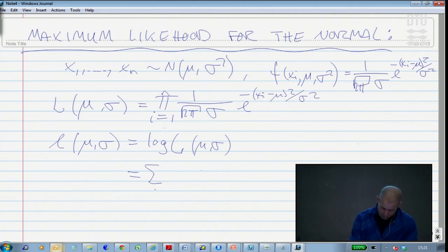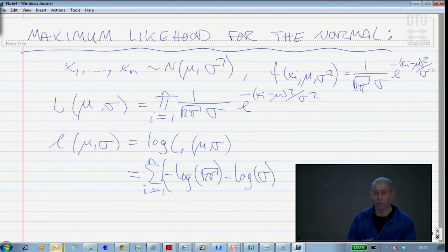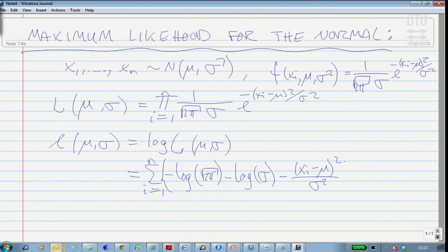It becomes the sum from i up to n of minus log square root 2 pi, minus log sigma. That's the first part of it. Then the exponential sort of cancels out, you could say. So it becomes minus xi minus mu squared over sigma squared. That is the log likelihood function of the normal distribution.